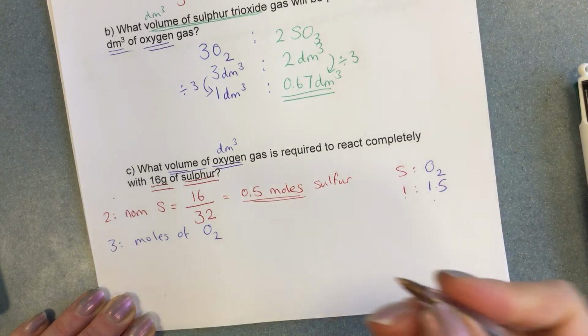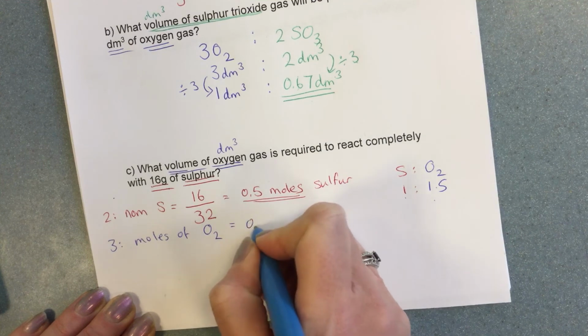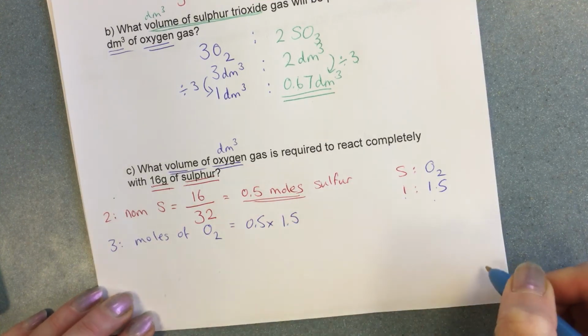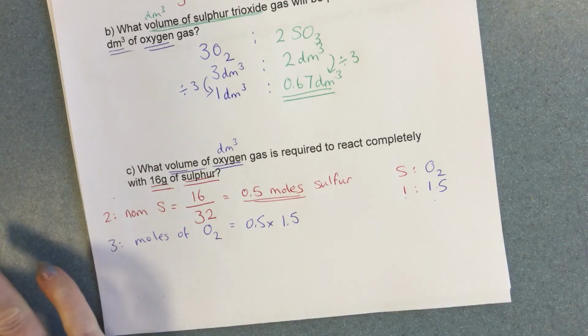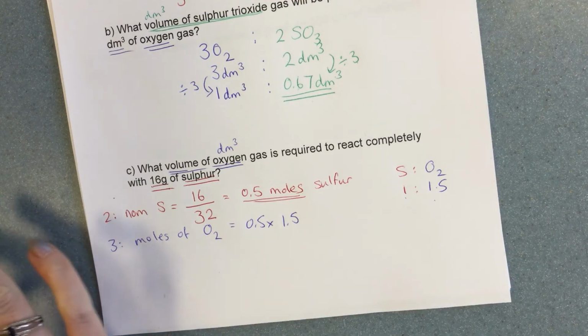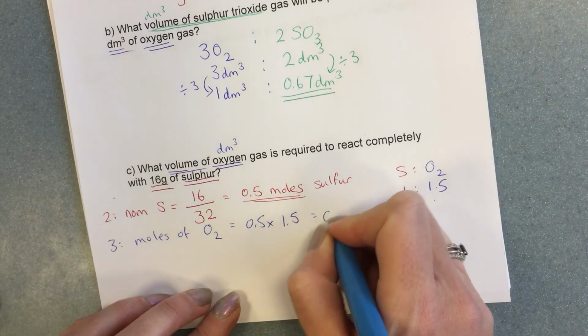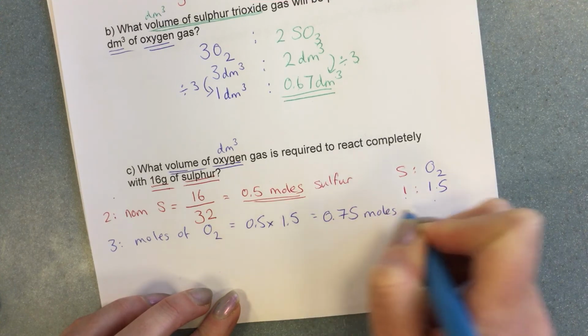And so, therefore, I've got 0.5 times 1.5. That tells me how many moles of oxygen I'm going to make. I'm not very good at maths, so I'm going to do that on my calculator, and it gets me 0.75 moles of O2.